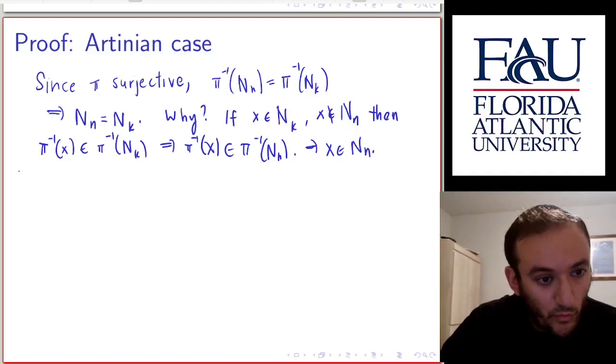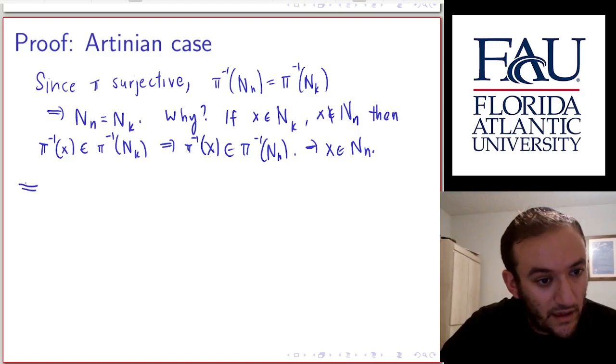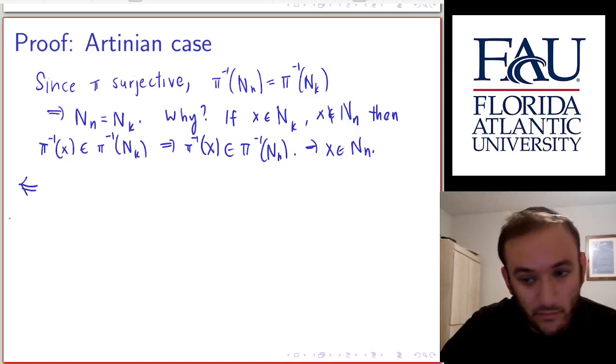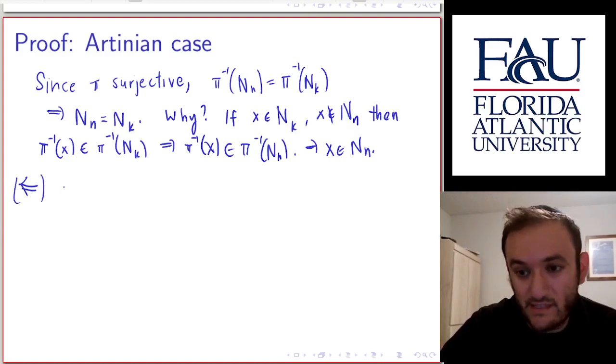So what about in the other direction? If M prime and M double prime are Artinian, how do you show that M itself is Artinian?